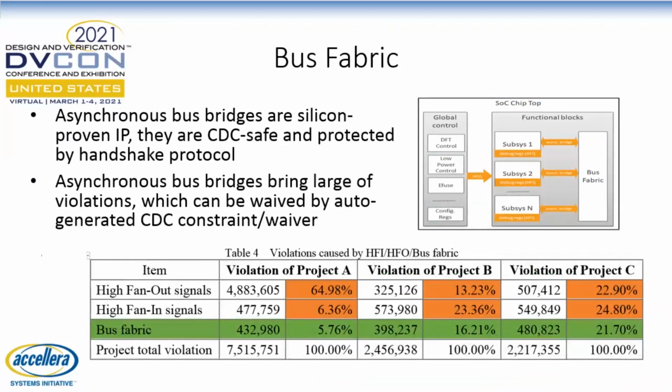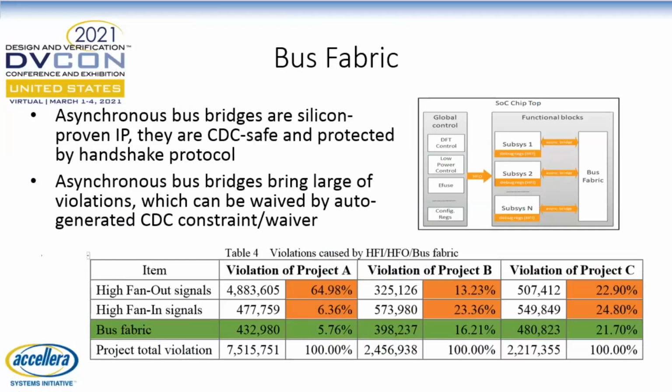The bus fabric relies on the interaction among multiple blocks and uses a handshake protocol to ensure CDC security. Normally, the bus fabric will generate many CDC violations. In Table 4, the number of violations caused by bus fabric is from 5% to 21%.